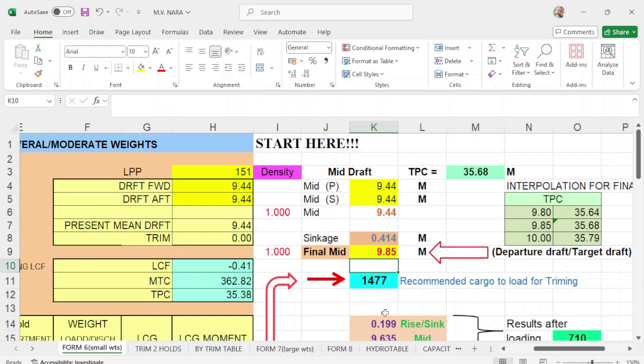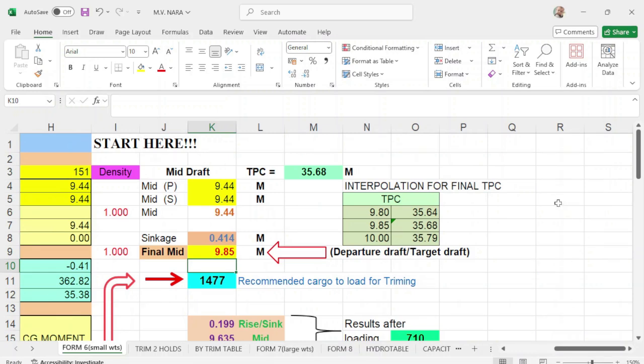Now, if your drop is 9.85, it didn't mention what your present drop is near completion, or your sinkage. So let's assume you want 20 centimeters sinkage.